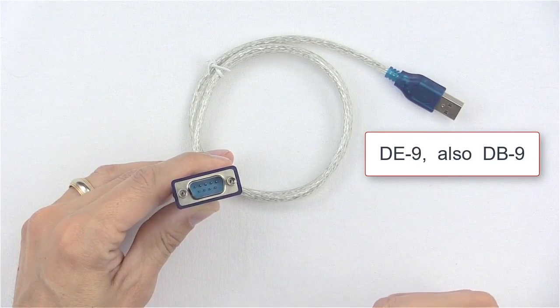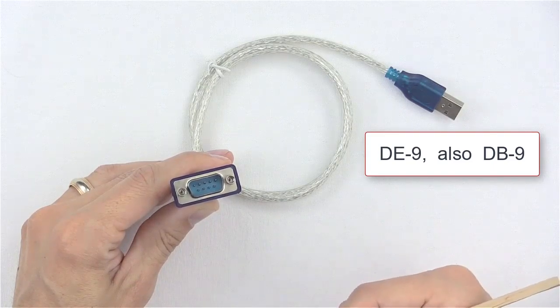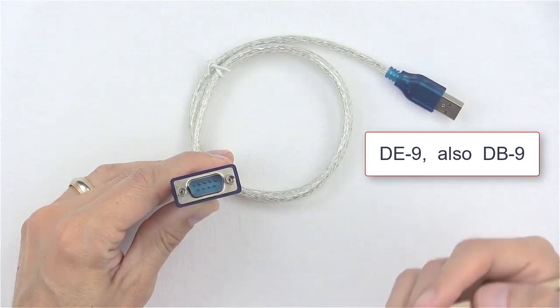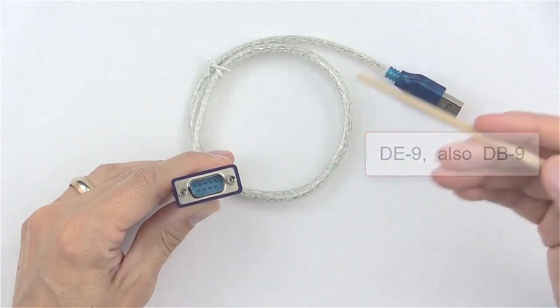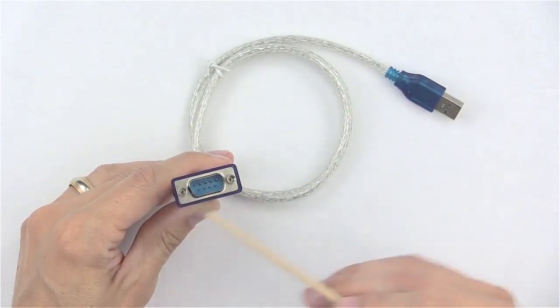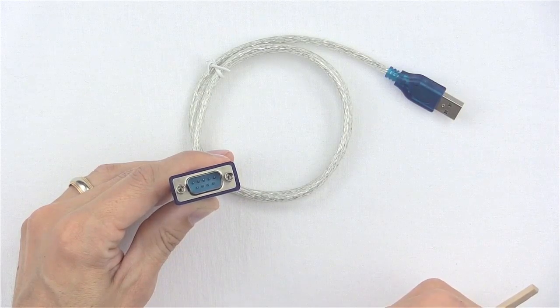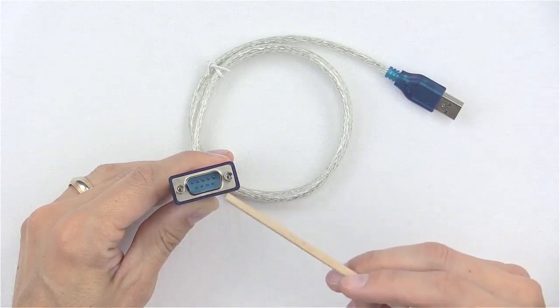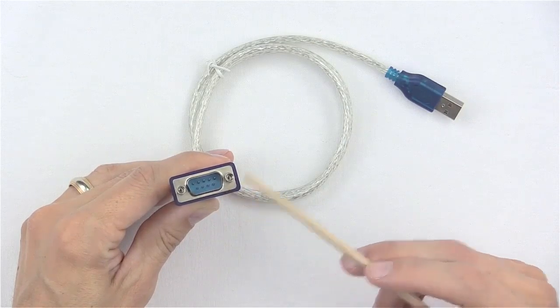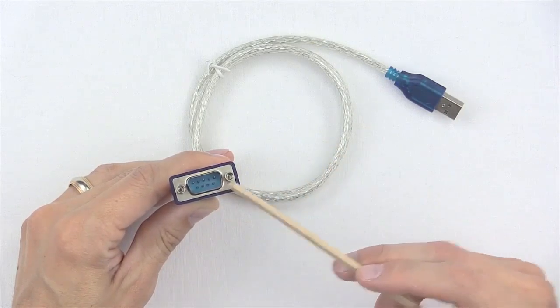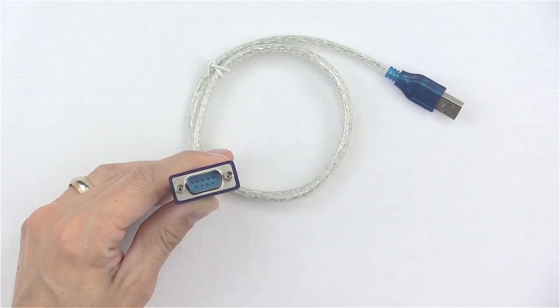It's also referred to as a DB9, and a lot of manufacturers call it that, but the proper name is DE9. Either way, there's another connector, and that's a 25-pin, a little wider, and quite often you'll see that with other devices. But generally, if you need to make a connection to, say, a dial-up modem, it could be 9-pin on the computer and 9-pin on the modem, or 9-pin on the computer and 25-pin on the modem.